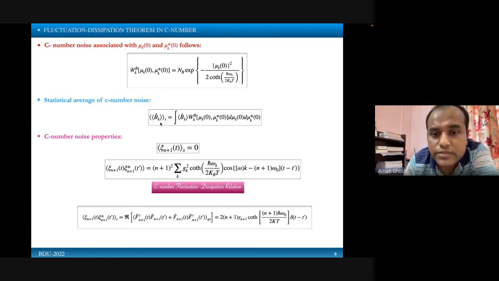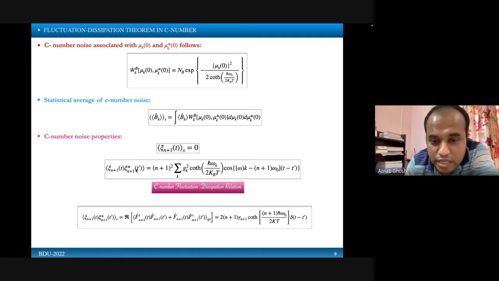The statistical average is taken with respect to an initial canonical thermal distribution of Gaussian form, the Wigner canonical thermal phase space distribution, such that it gives the correct correspondence with the proper symmetric ordered operator correlation functions of the noise operators. So you can see that once you do that, the C number noise also satisfies the same fluctuation dissipation relations.